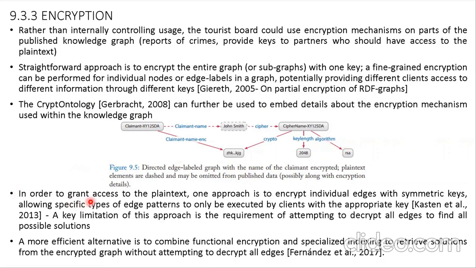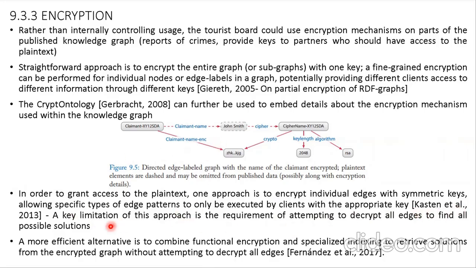In order to grant access to the plain text, one approach is to encrypt the individual edges with symmetric keys, allowing specific types of edge patterns to only be executed by clients with the appropriate keys.